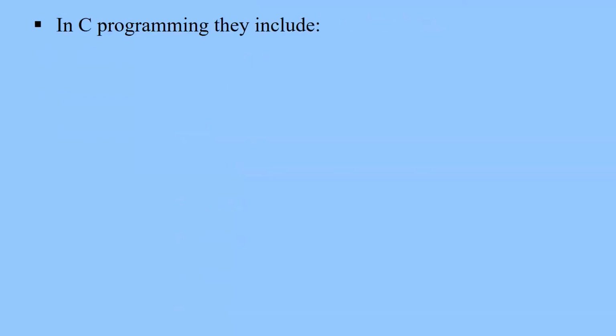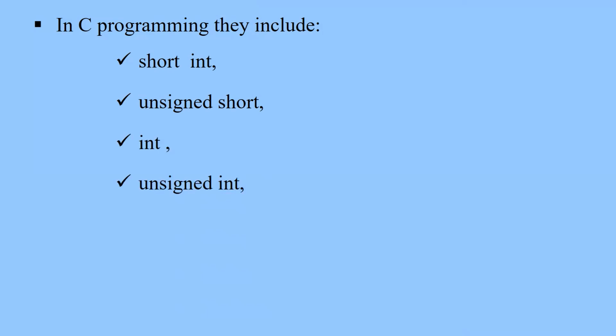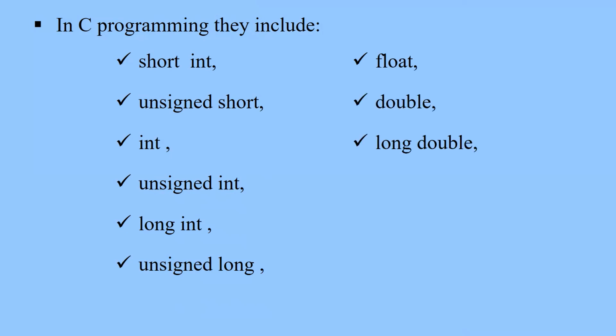In C programming, they include short int, unsigned short, int, unsigned int, long int, unsigned long, float, double, long double, char, bool.